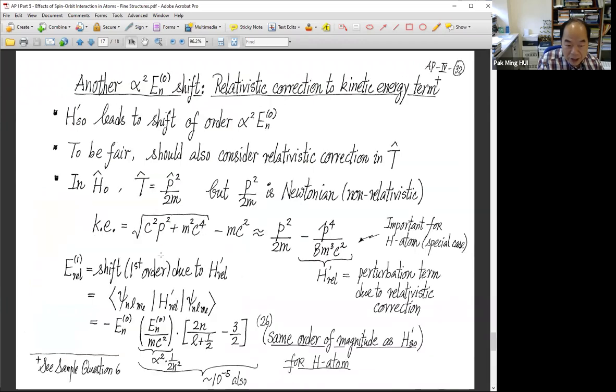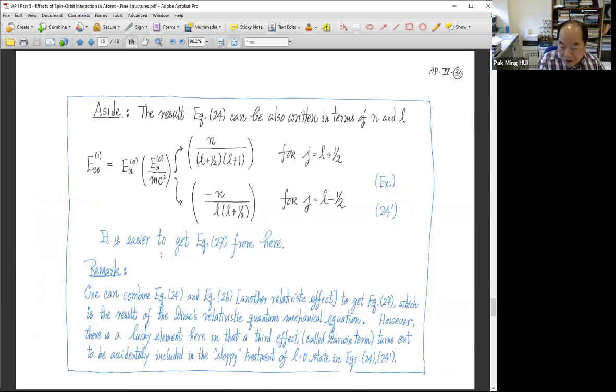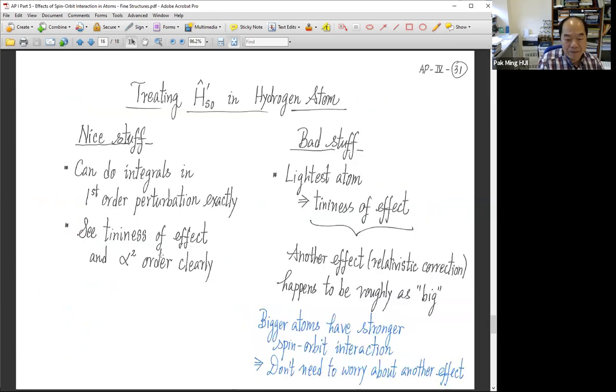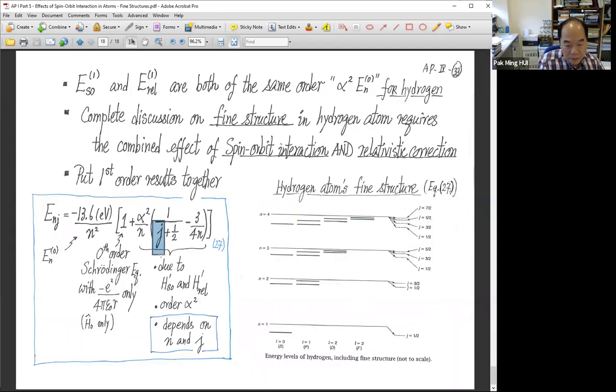That is a very interesting combination when you put this correction and this correction together, and replace the quantum number by j. So what does it mean? Let's look at it in a graphical way. For 1s, L is 0, j is half only.